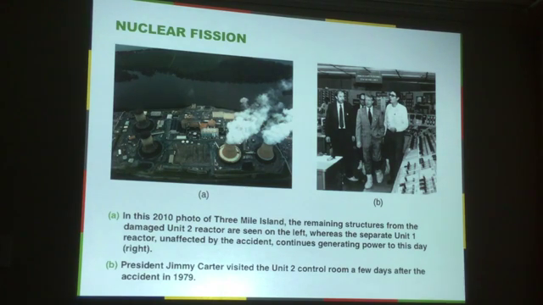Now sometimes things get out of hand, and on the left here is a picture of Three Mile Island 30 years after it had its meltdown. And you'll notice they call it a meltdown. What is a meltdown?